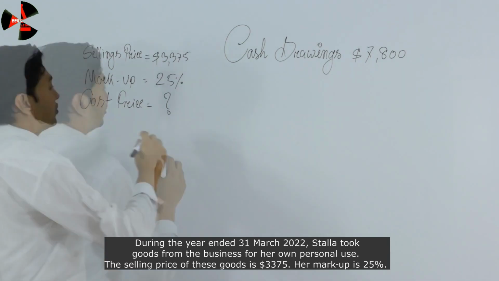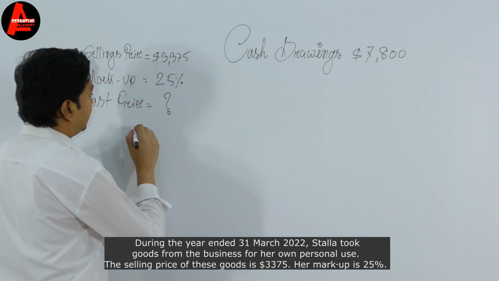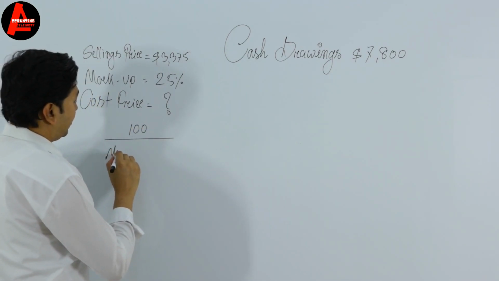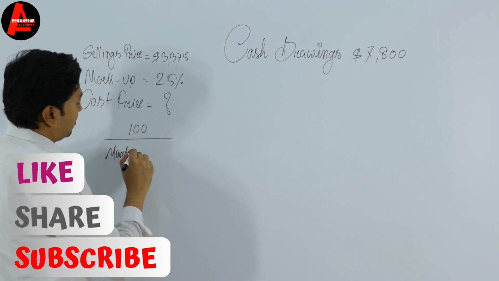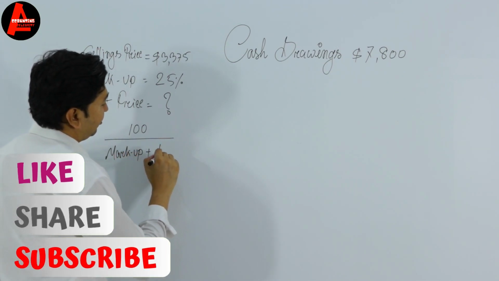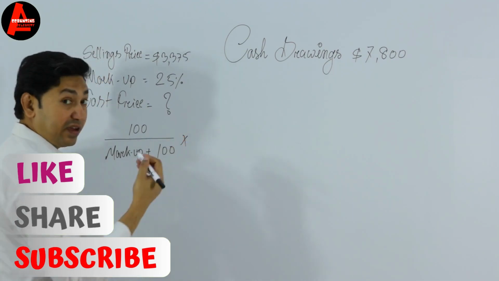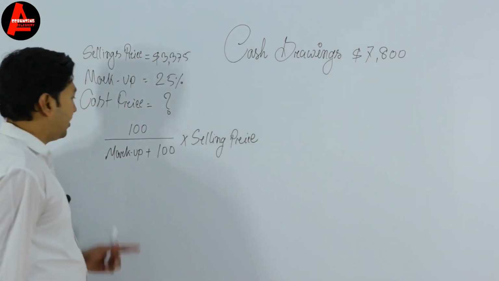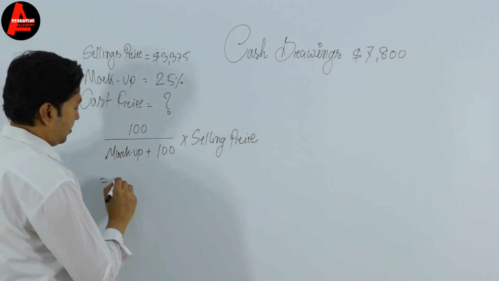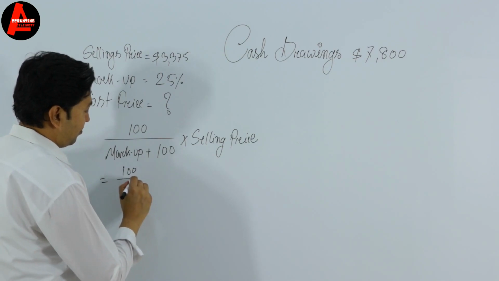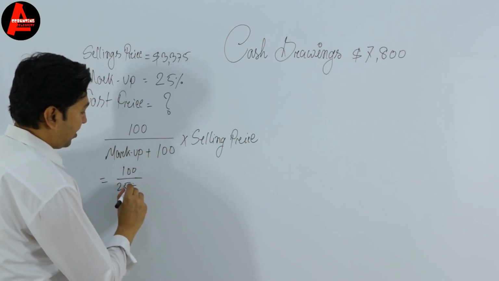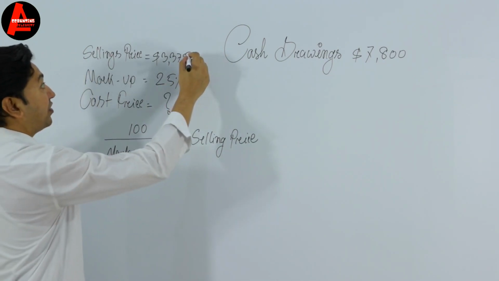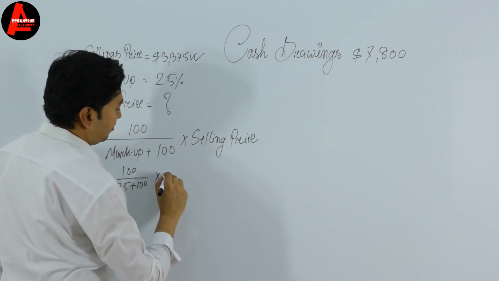So we know here: 100 divided by markup plus 100, multiplied by selling price. Here the markup is 25, plus 100, and the selling price was 3,375.